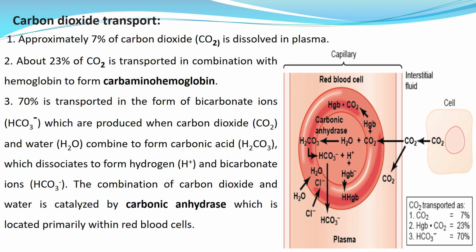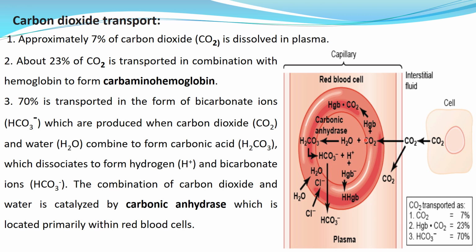While the carbon dioxide is only partially transported through the hemoglobin, because approximately 7% of the carbon dioxide is dissolved in the plasma of the blood. About 23% of carbon dioxide is transported in combination with the hemoglobin.